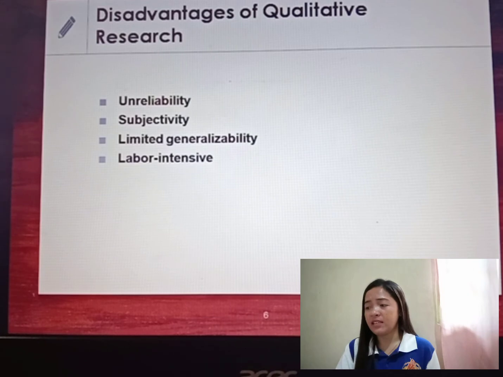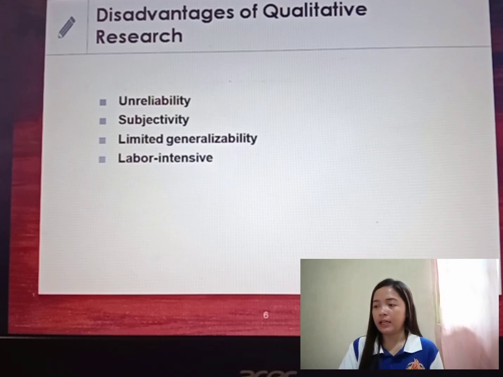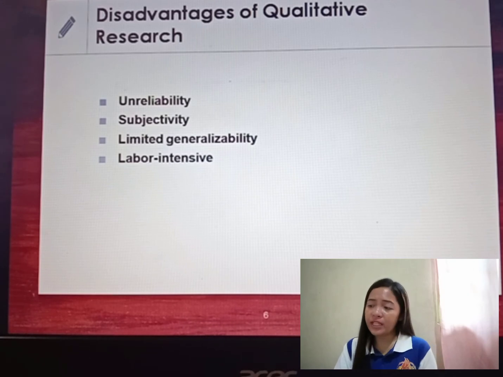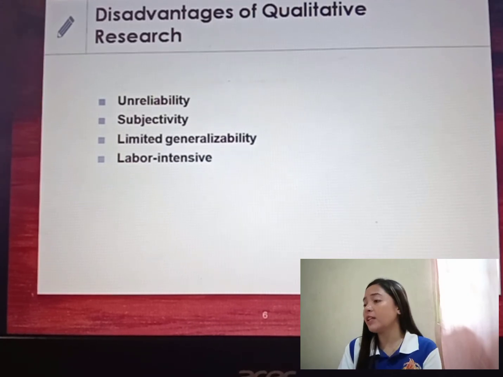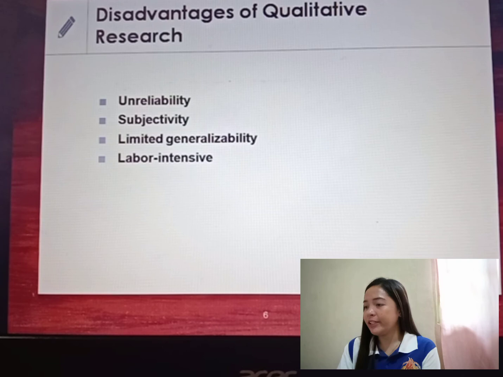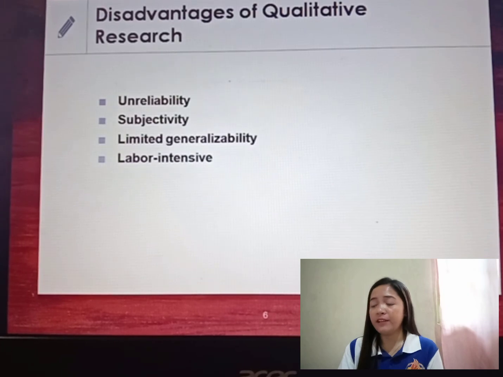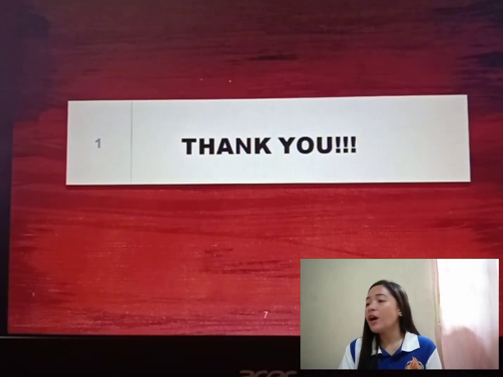First is the unreliability. Second, subjectivity. And third, limited generalizability. And fourth, it is labor intensive. So those are the advantages and disadvantages of qualitative research.